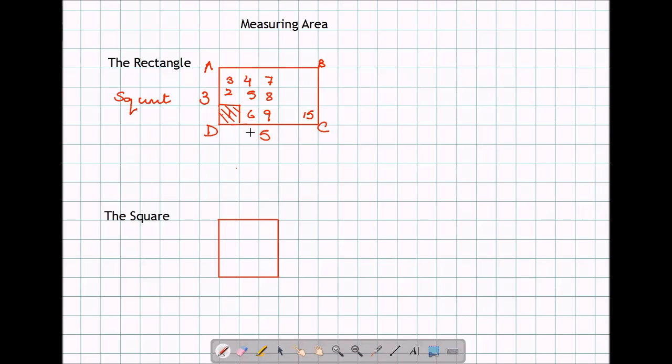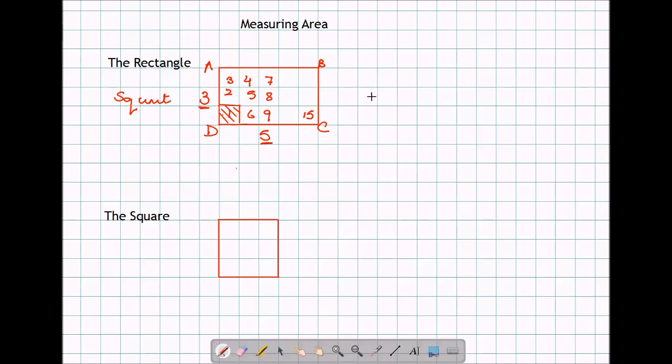So we can easily say that the next time you don't need to count, you can just say that it is the product of the dimensions. What is a dimension? The sides. It's the product of the base, which is DC, and the altitude or the height, that is AD.